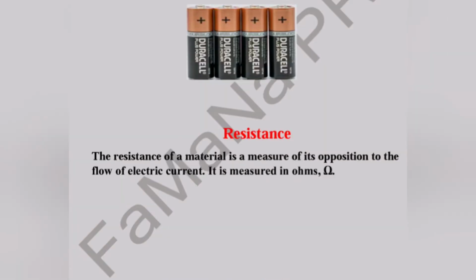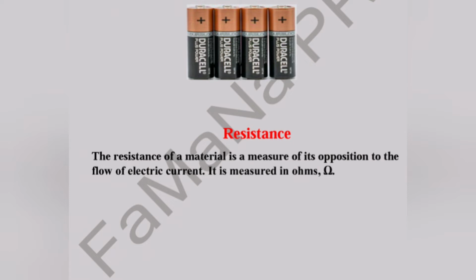Let's talk about resistance. If you try to pass electricity or electric current through a material, the material will resist or oppose the flow of the electric current. This opposition to the flow of electric current by a material is called the resistance of the material.